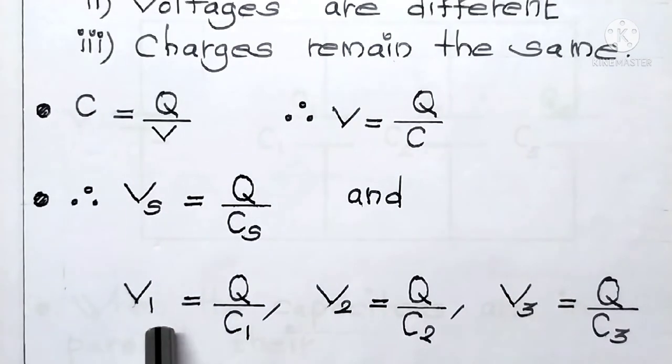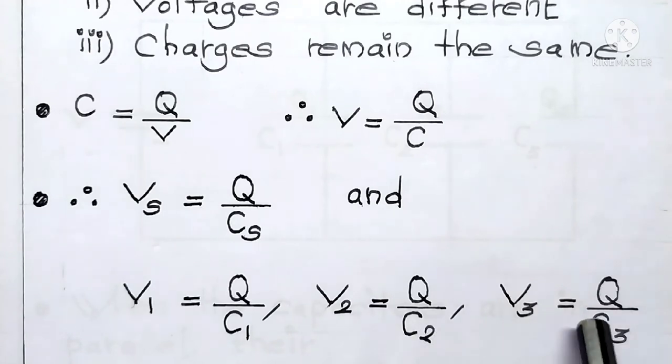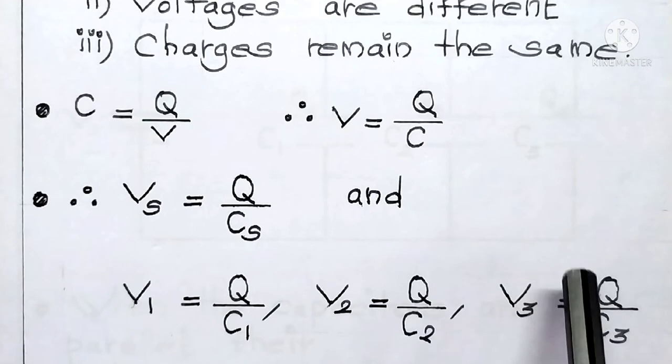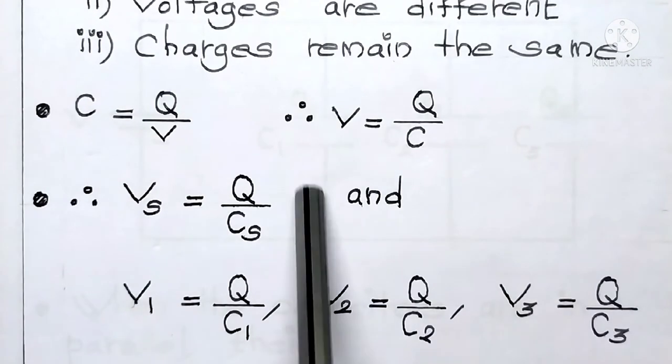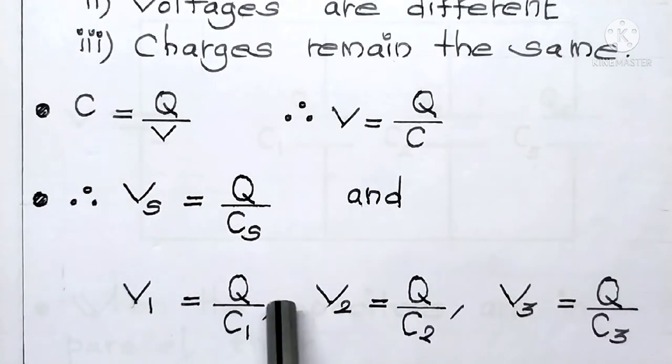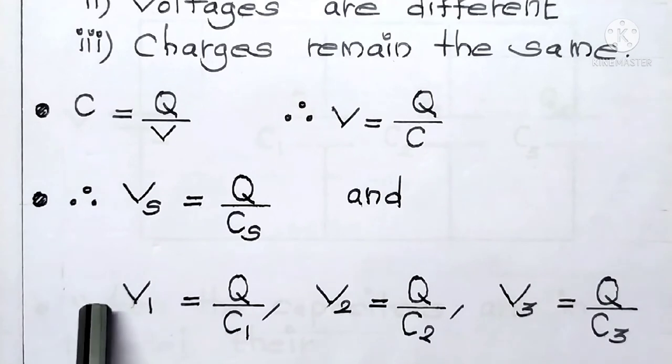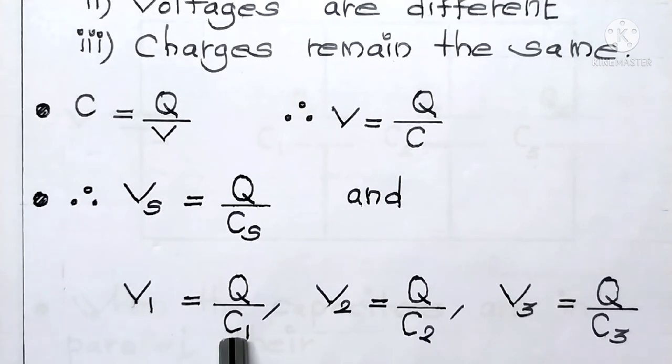Here V1 is equal to Q by C1, V2 is equal to Q by C2, V3 is equal to Q by C3. In all these cases, Q remains the same, but V and C, that is voltage and capacitance, are different.